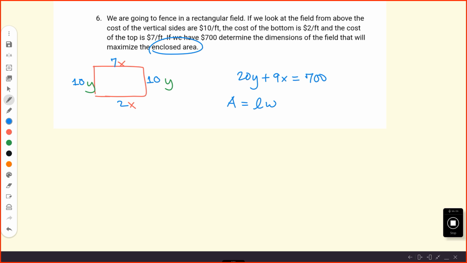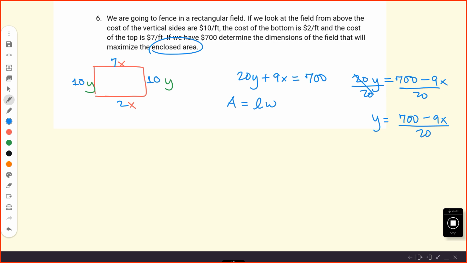So how do we do that? That's going to be 20y equals 700 minus 9x, right? I'm going to subtract 9x on both sides, and then divide by 20. So y is represented as 700 minus 9x over 20.